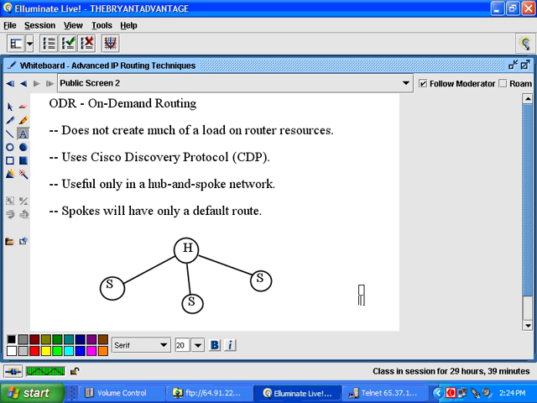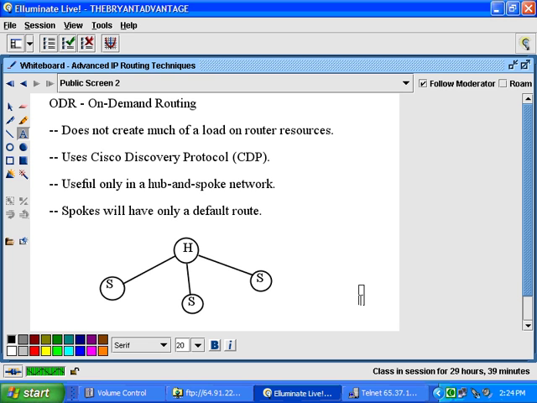It uses CDP, and the only time you can use it is in a hub and spoke network because it does use default routing. What's going to happen with ODR is that the spokes are not going to have specific routes, specific destinations. Let's say our left-hand spoke needed to reach the right-hand spoke and the right-hand spoke had a network 2.1.1.0 on it, the left-hand spoke wouldn't see that.